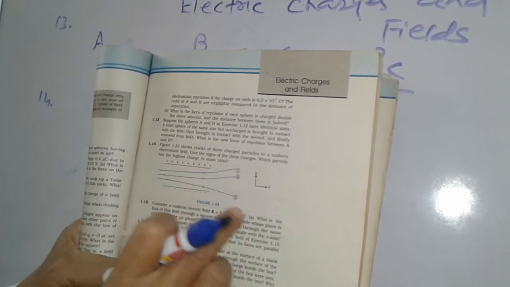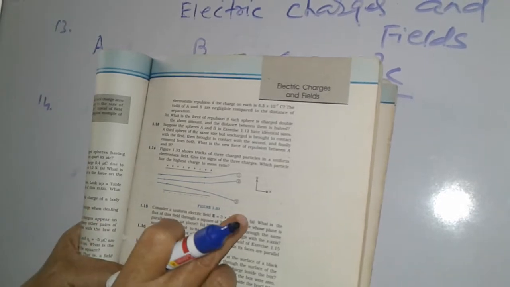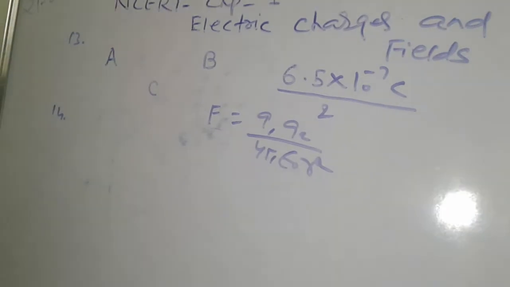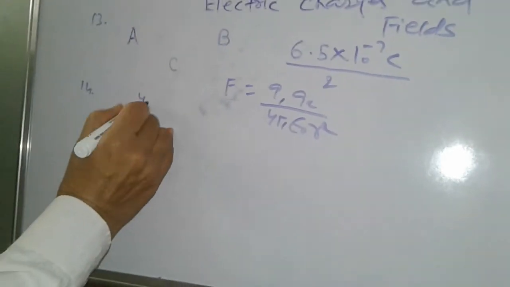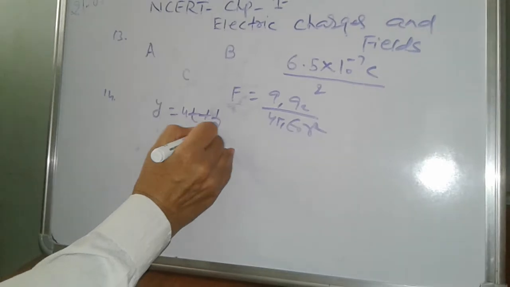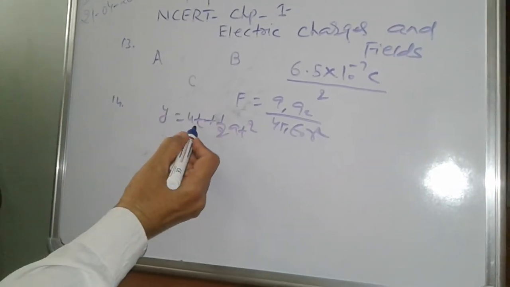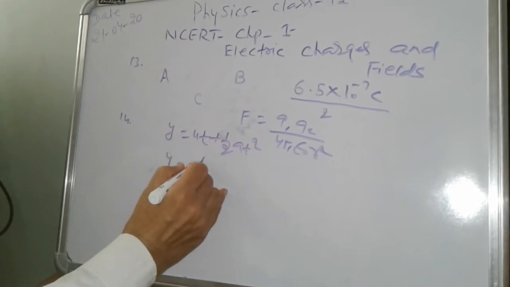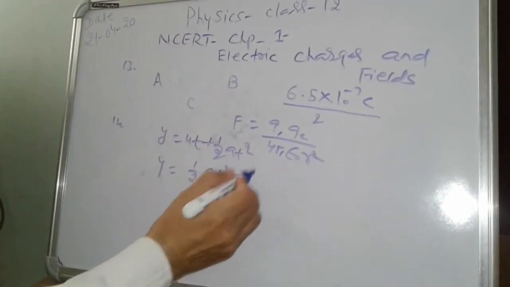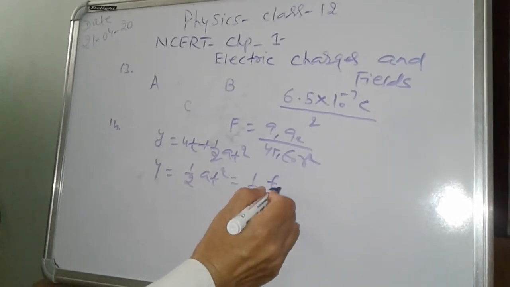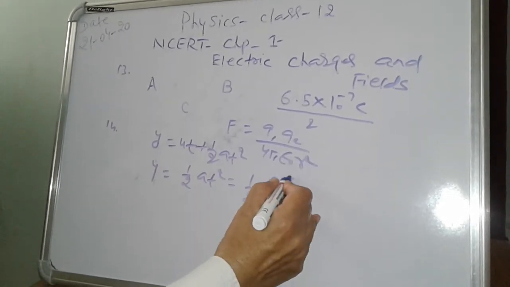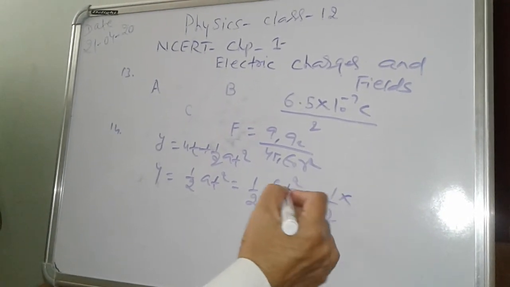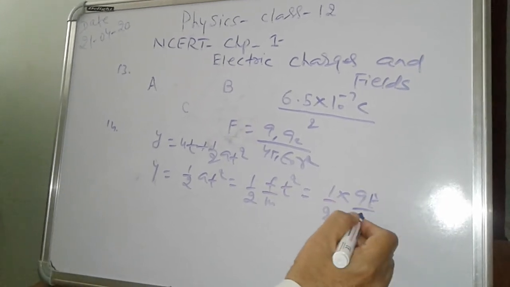By the figure it is obvious that the vertical displacement of particle 3 is more in comparison to 1 and 2. Now applying the formula y is equal to ut plus half a t squared, u is the same for these three, that would be 0. So y is equal to half a t squared, that is half f by m into t squared, and applying f is equal to qE, a is qE by m.